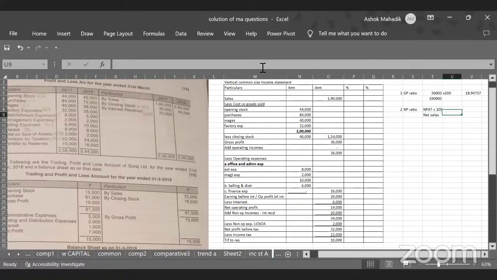So put in the values. Net profit after tax is how much? 10,000 upon net sales 1,90,000 into 100. Okay, calculate the answer.